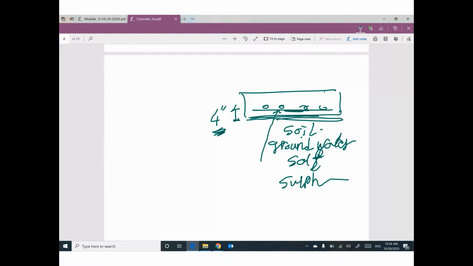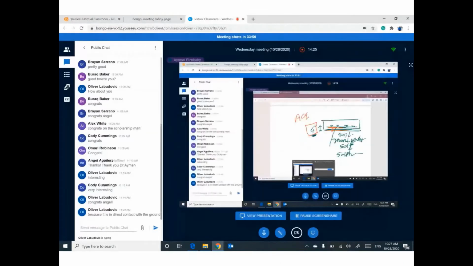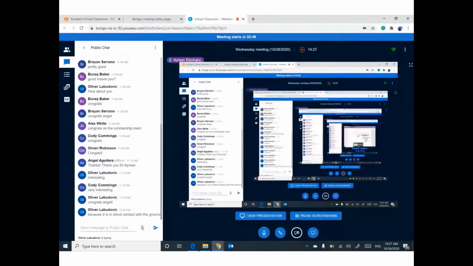We can expect corrosion. So to protect steel reinforcement, we need to increase this cover thickness. So ACI recommends around 4-inch concrete cover. Okay. That makes sense.